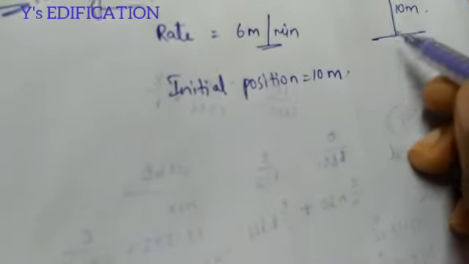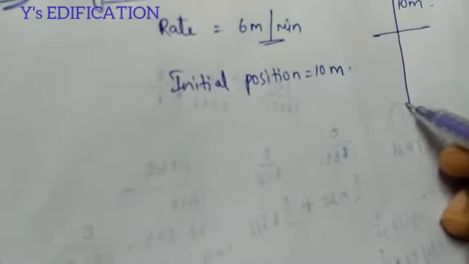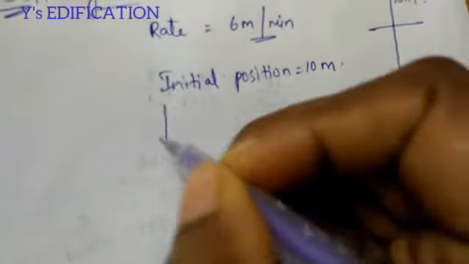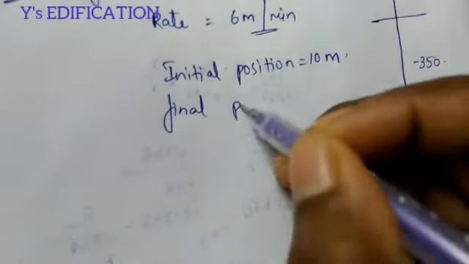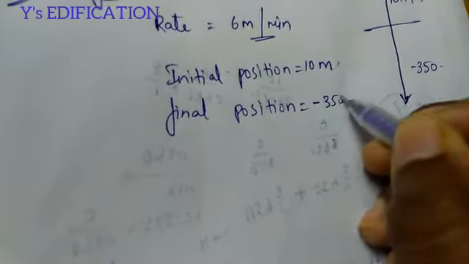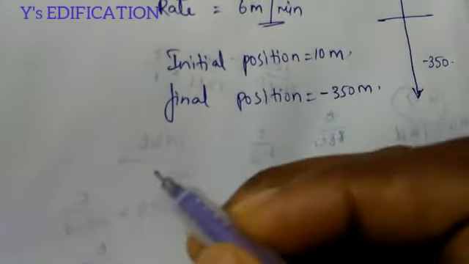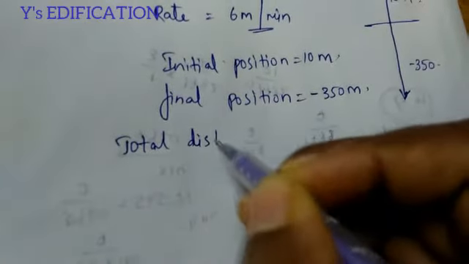How much time will it take to reach minus 350? Minus means automatically it is below the ground. So what is the final position? They are asking the time taken to reach this position. The final position is minus 350 meters. First we have to find the total distance.